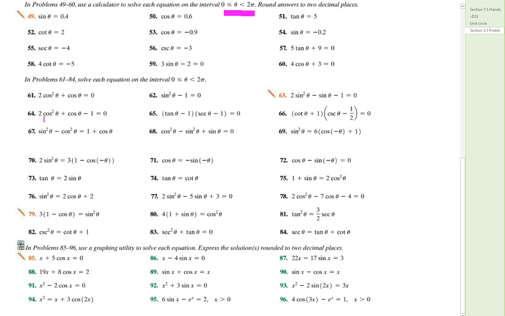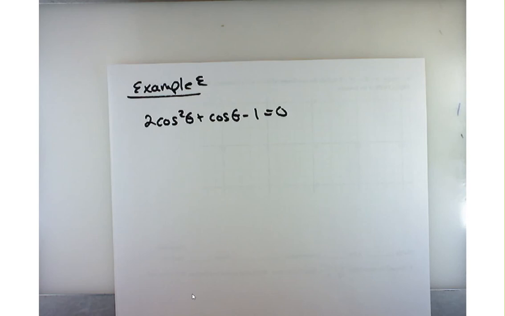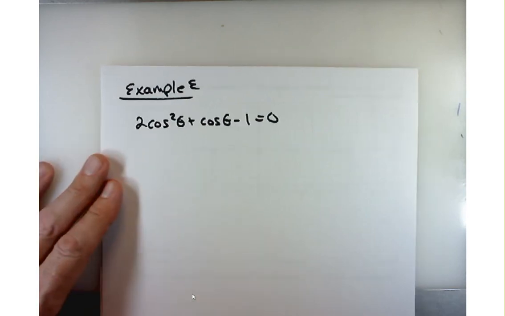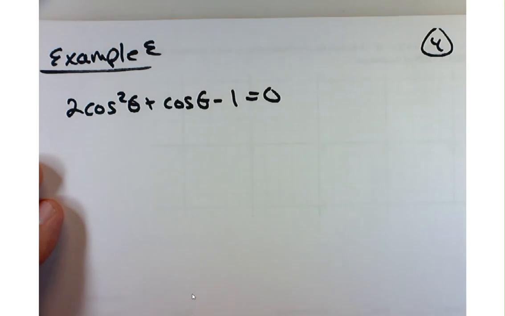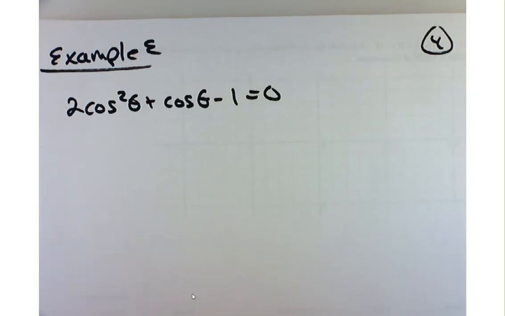2 cosine squared of theta plus cosine of theta minus 1 equals 0. Now some of you could probably get away without necessarily doing the factoring trick that I'm going to do, but some of you might not.